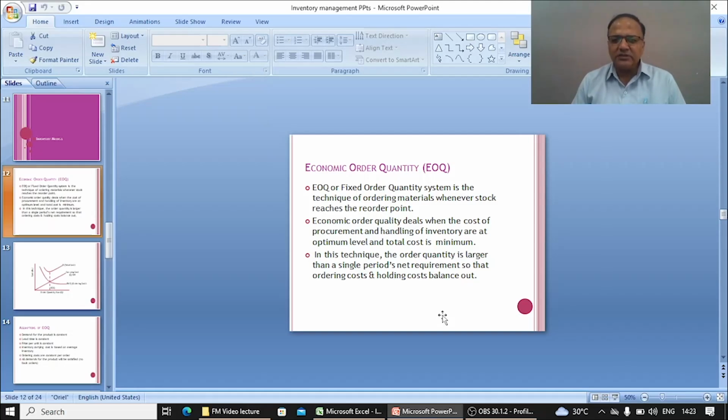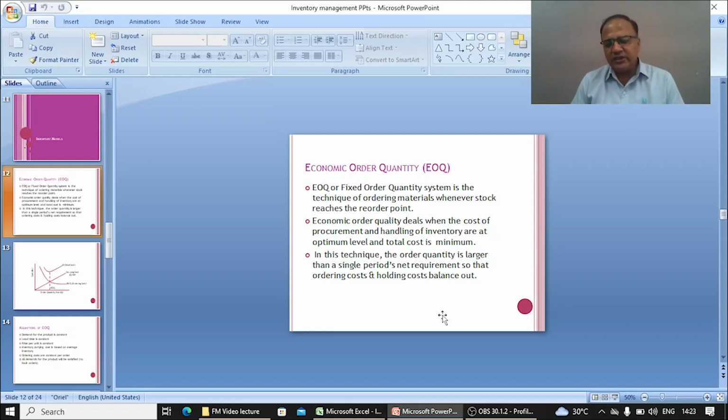It may purchase 60,000 units after 6 months. It means in each 6 months it is purchasing 60,000 and 60,000 units, so in a year it is purchasing 2 times. Again, it has the option to purchase 10,000 units every month.